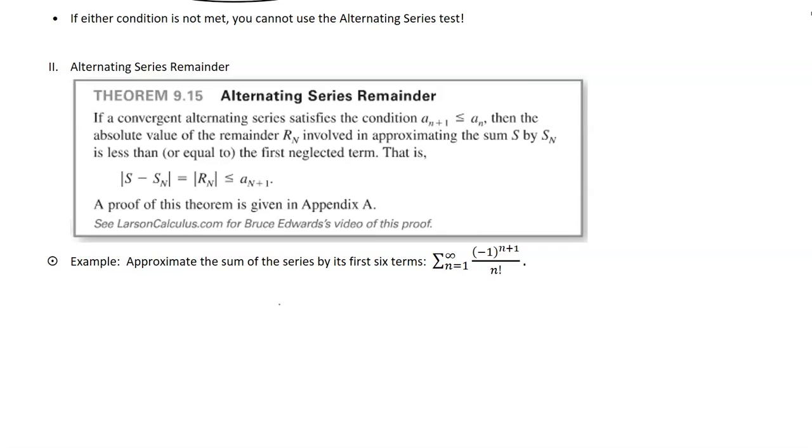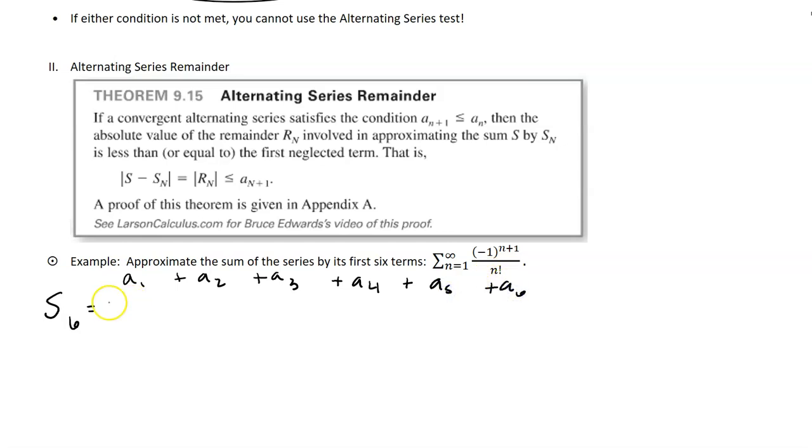So I'm going to find, it says approximate the sum of the series by the first 6 terms. So I'm going to find s sub 6, which we know is a1 plus a2 plus a3 plus a4 plus a5 plus a6.